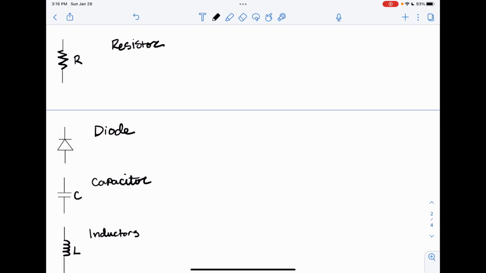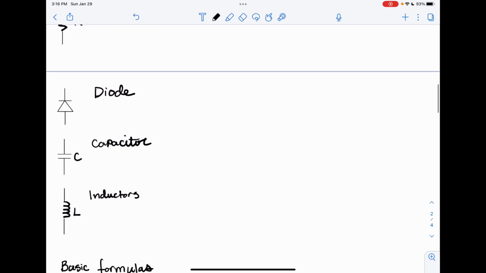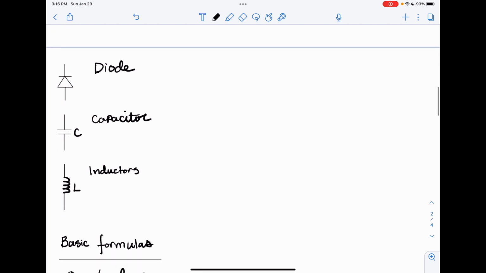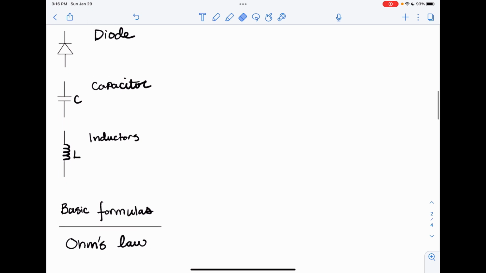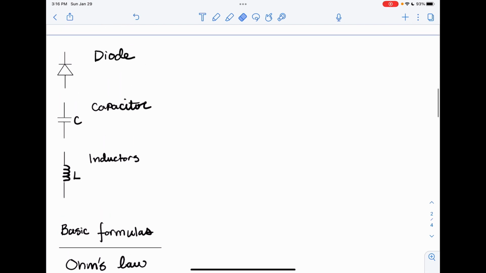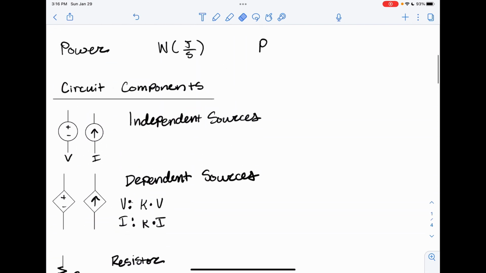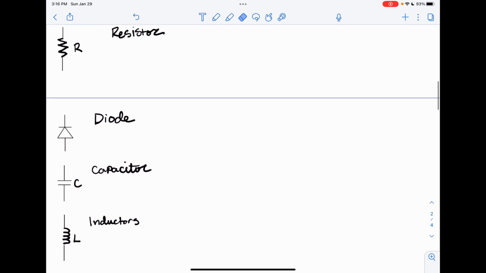In a capacitor and an inductor, that's not necessarily the case. It takes time for these units to charge up and discharge, and we'll see that when we start talking about DC switch circuits. Inductors are almost like the opposite of capacitors in some way. Again, we'll talk about that later. But these are just some symbols to get familiar with so that you understand what you're looking at.